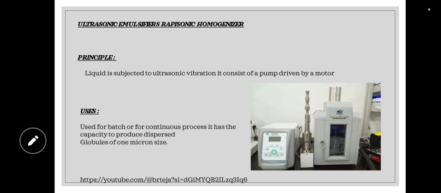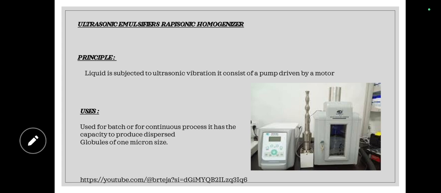Okay, what is the instrument? Ultrasonic emulsifier and radiosonic homogenizer. What principle is involved in this equipment? Liquid is subjected to ultrasonic vibration. It consists of a pump driven by a motor. What are the uses of ultrasonic emulsifiers and radiosonic homogenizer? Used for batch or for continuous process, it has the capacity to produce dispersed globules of 1 micron size.